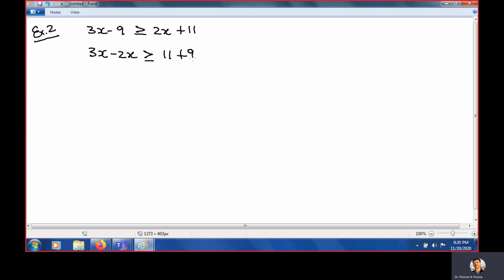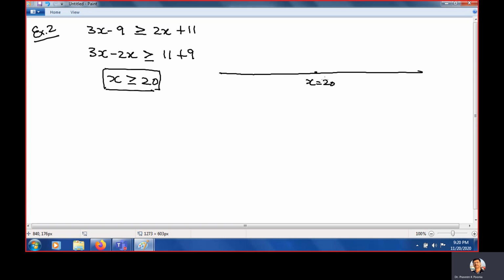Minus 9 will change into plus 9. So 3x minus 2x is x greater than or equal to 20. Oh my God. The value of x is very, very big. If we are getting a very big value, then no need to write 0, 1, 2 or minus 1, 2. No, we will put directly here x is equal to 20.